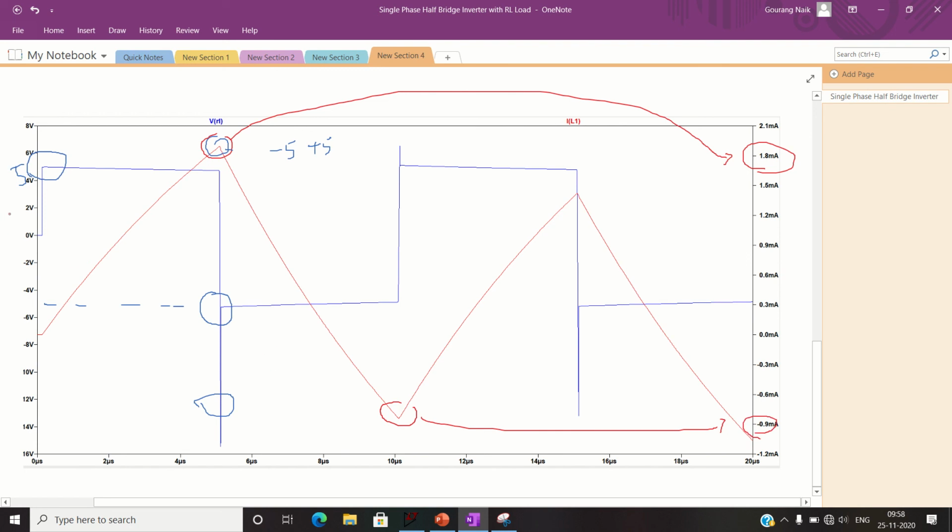Now the section, what I will do, I will divide this. So this is 0 value with respect to current. I will divide this part.